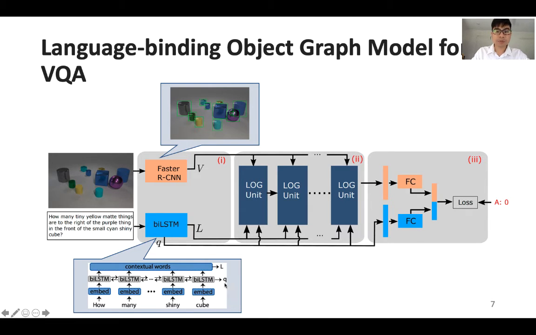As for the language part, different from many previous works that only make use of the last hidden state of the LSTM to represent the global feature of the entire question, we maintain the hidden states of the LSTM at all time steps, and refer to those hidden states as linguistic objects, or contextual words in the figure.